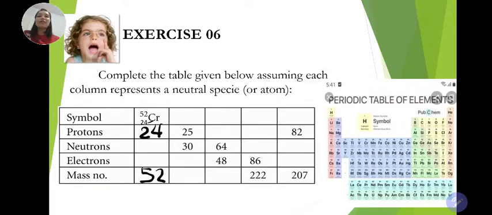To arrive at our number of neutrons, we will use the formula mass number is equal to atomic number plus the number of neutrons. From transposition, our number of neutrons will be equal to 52 minus 24, which is equal to 28.